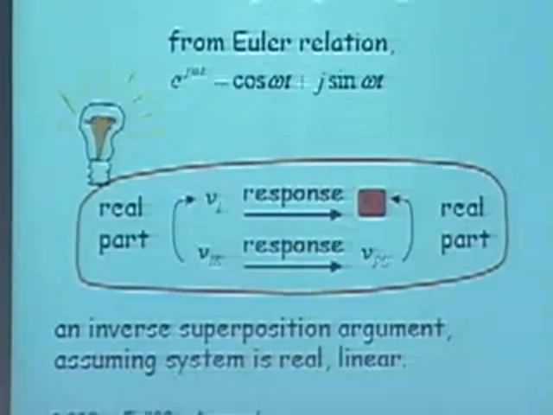For superposition, I said, take the response for A, take the response for B, add them up, you get the response for A plus B. Here what we're saying is that get the response to A plus B, or to A plus jB, and the real part of the input will produce a response given by the real part of the output. So it's a linear circuit, then if VI is the real part of this sneaky input, then I find the response to the sneaky input and take its real part, I should get VP.